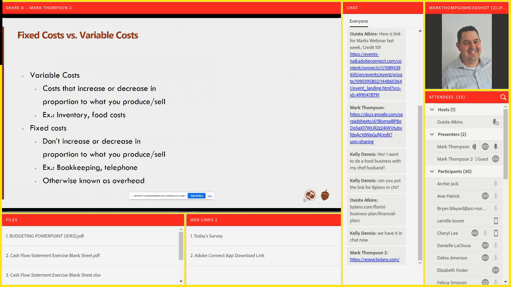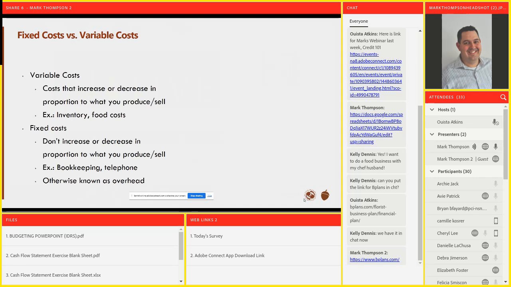We can't just project that our variable costs are going to stay the same while our income rises. Also, if it's going down, the variable costs are going to go down. The fixed costs are going to be very similar month to month, not dependent on sales. Those are much easier to predict.